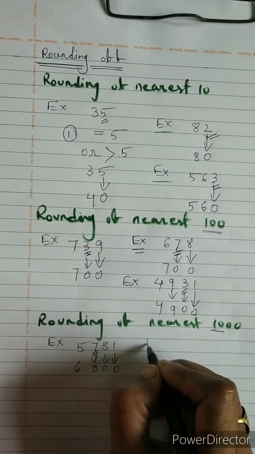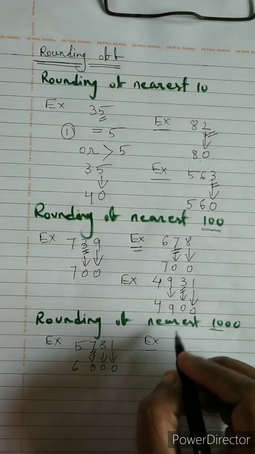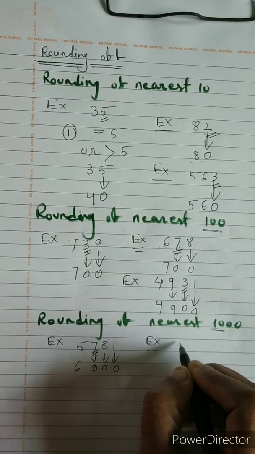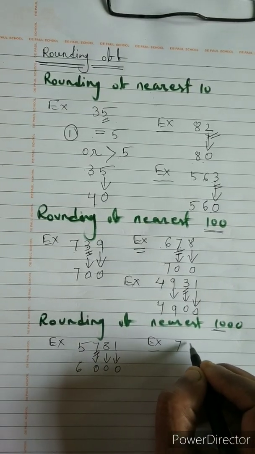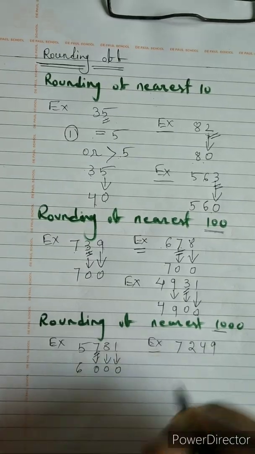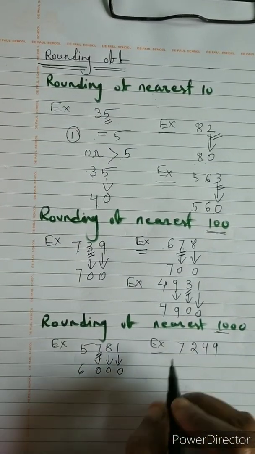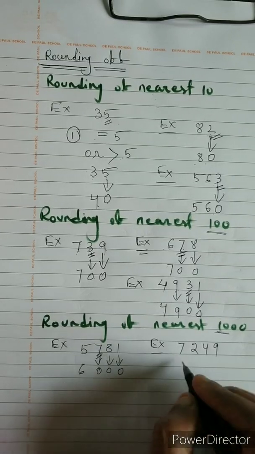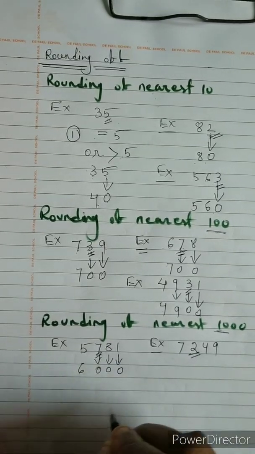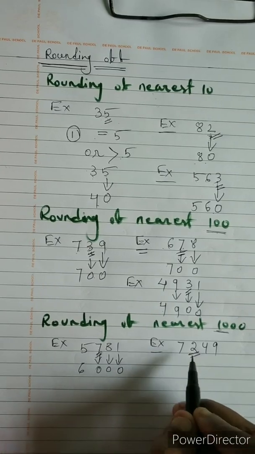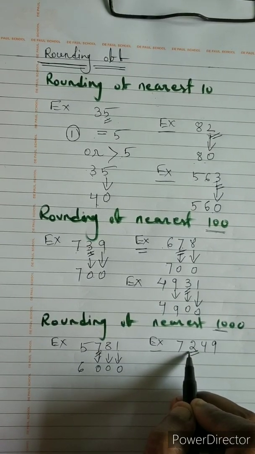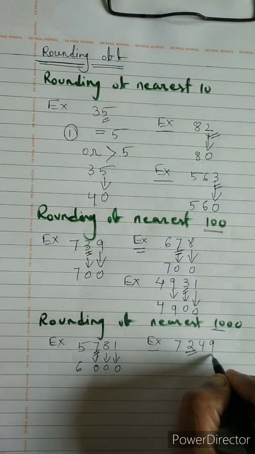Okay, now suppose I take a second example, 7249. Now we round off to the nearest 1000. So which place value digit do we compare with 5? This 100 place value digit is compared with 5. Now this is your 2, which means less than 5. What will we do, children?